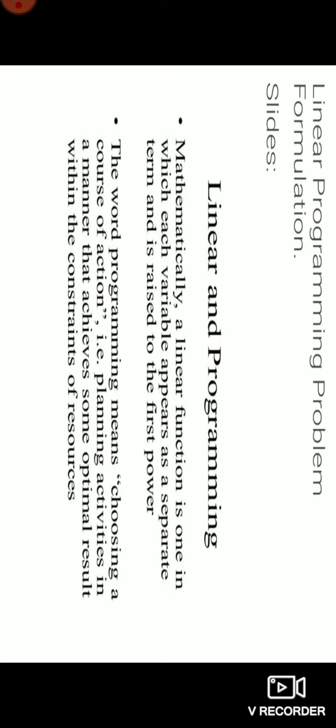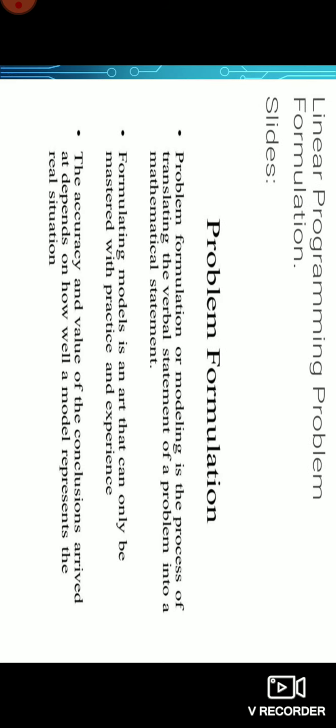And programming, the word programming means choosing a course of action, that is planning activities in a manner that achieves some optimal result within the constraints of resources. This is a linear programming problem.